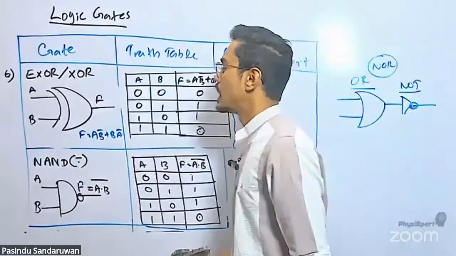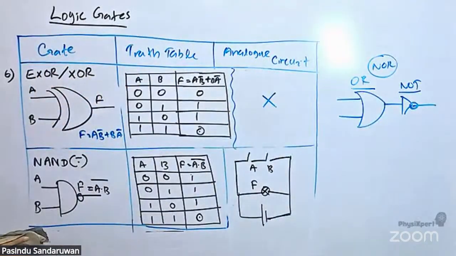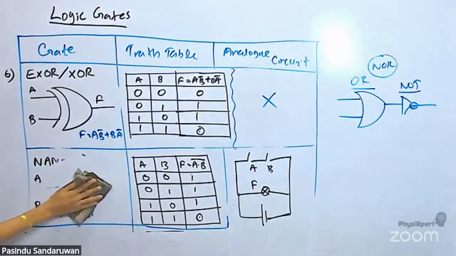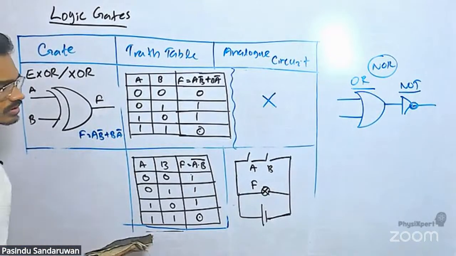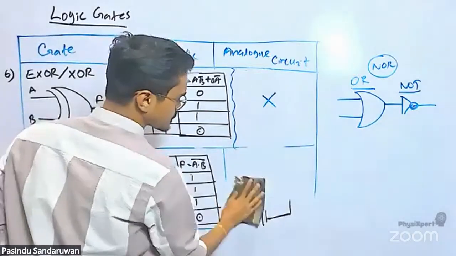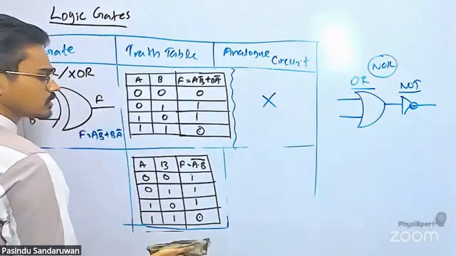And the final gate is not XO, that is called NXO. Right? XO, not XO. That is called NXO. Not XO is called NXO.